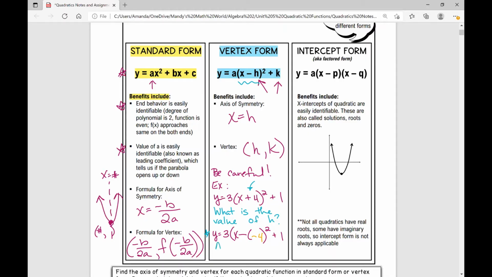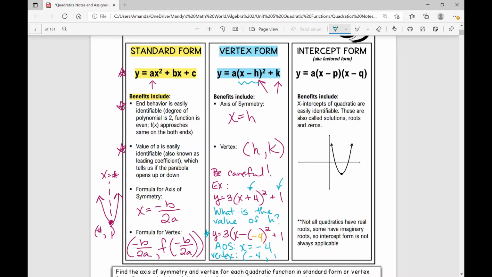So your axis of symmetry here is actually x equals negative 4. My vertex is (h, k), which would be h is negative 4, k is positive 1. So it would be negative 4, 1. So you can easily identify your axis of symmetry and your vertex.